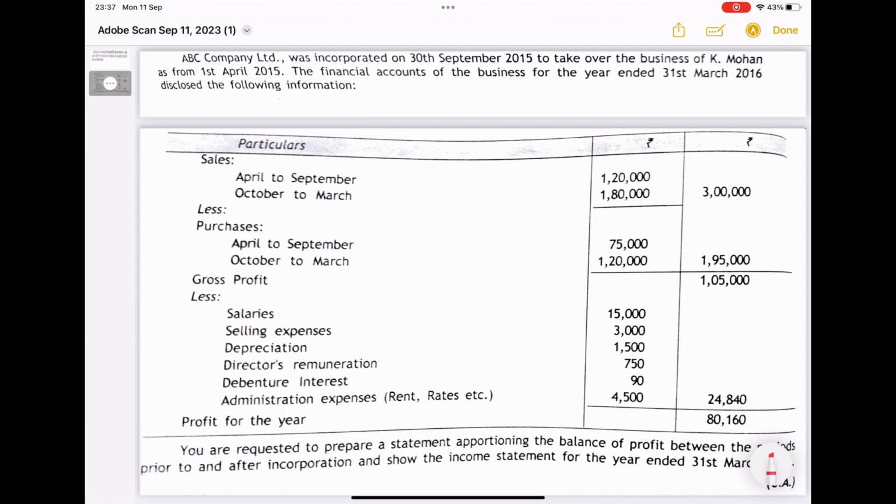Here we are going to identify the revenue related to pre-incorporation and post-incorporation, as well as the expenditures of the company that are also related to the pre and post incorporation periods. It is a very simple concept, but we should know the concept first. If you understand the concept, the problems will be very easy.